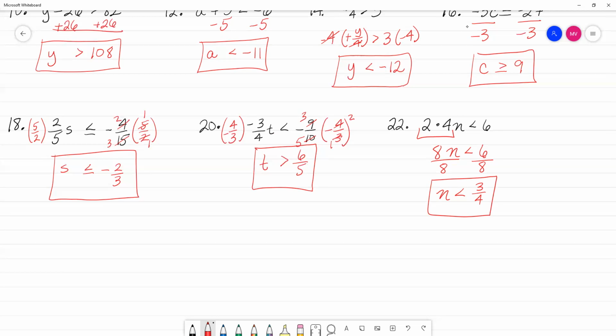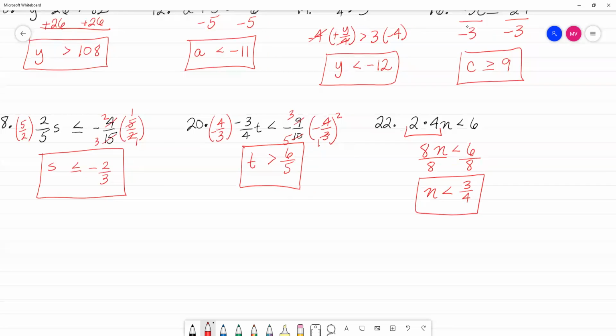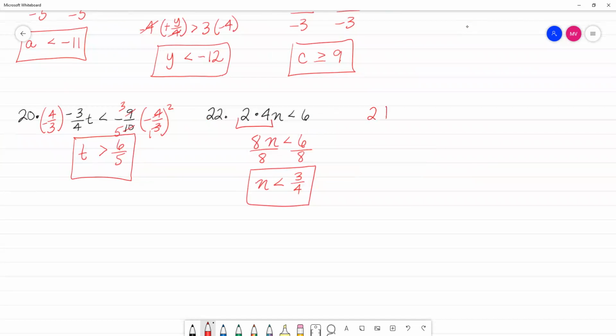Okay, we'll do 24 and then I'll let you guys go. So for number 24, again, we have sort of a complicated one. Just don't forget you need to simplify first. This is 7x times 2 is less than -12/5.